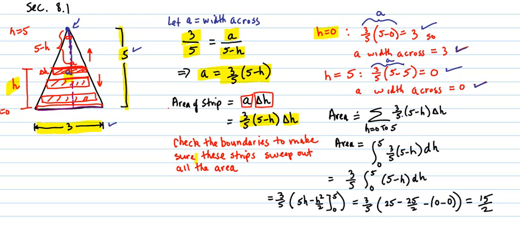So your area strips are 3/5 times 5 minus h times delta h, and you're summing those up from h equals 0 to 5. And then you take the limit as n goes to infinity for the number of subintervals, and you get your integral. We use that trick of factoring out the 3/5 because we can do it.